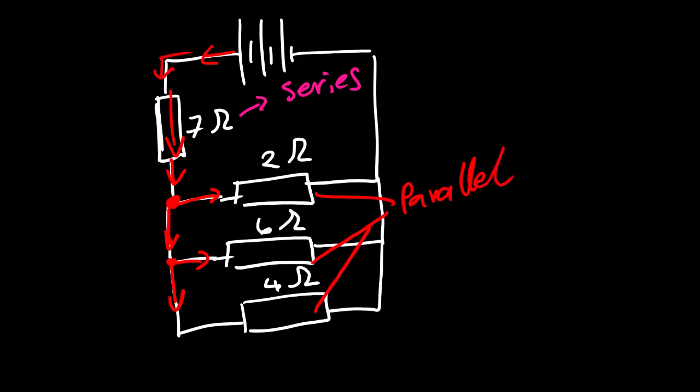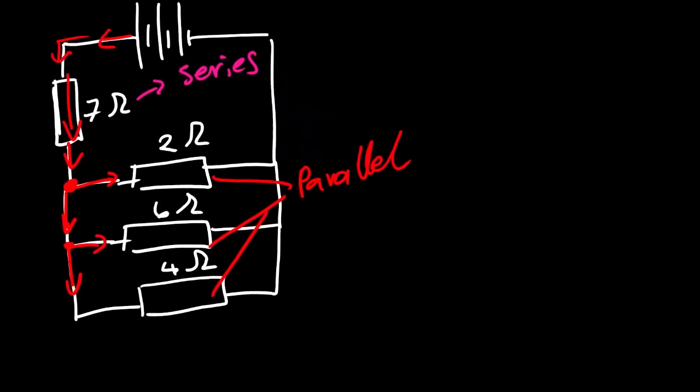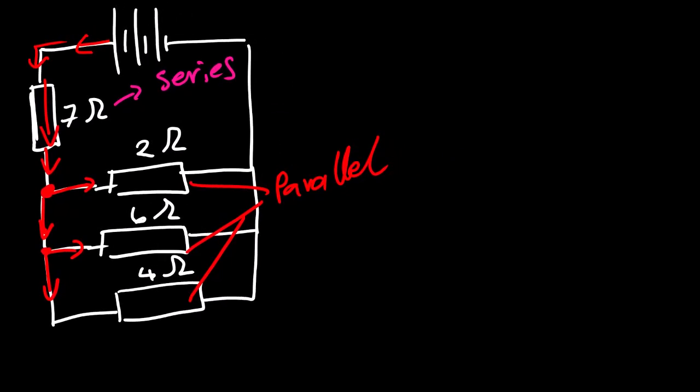So how do we calculate the effective resistance when we have a combination of connections? Now in this case we need to reduce one connection, so we are going to start calculating the effective resistance on the parallel connection. We are going to reduce these three resistors to become one resistor.